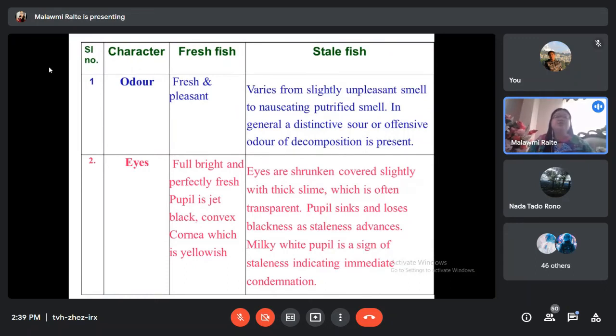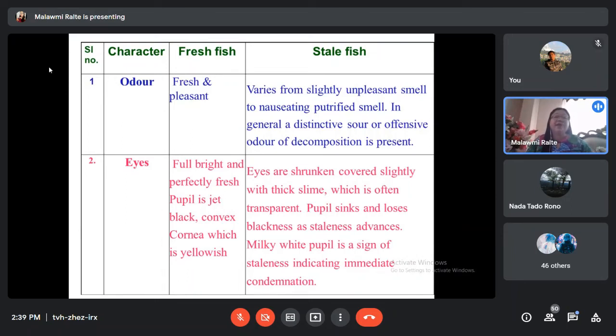This is important, okay? From the odor, fresh fish smells fresh and pleasant. Stale fish varies from a slightly unpleasant smell to a putrefied smell. So in general, a distinctive sour or offensive odor of decomposition is present. And the eye of the fresh fish is full, bright, perfectly fresh.